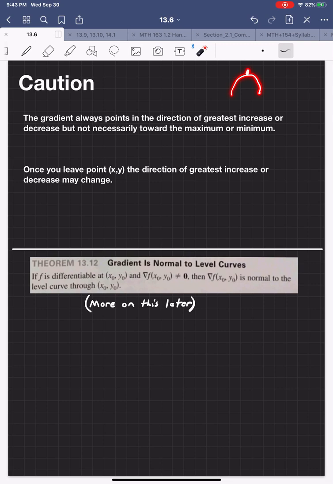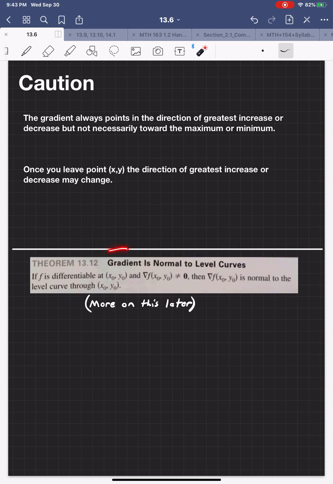It might look like this, and then like this, and then eventually get you to your extrema. But the idea is, once you leave the point where you're at, the direction of greatest increase or decrease may change. In fact, in the next application, in the next video, I'll show you how that's likely the case.